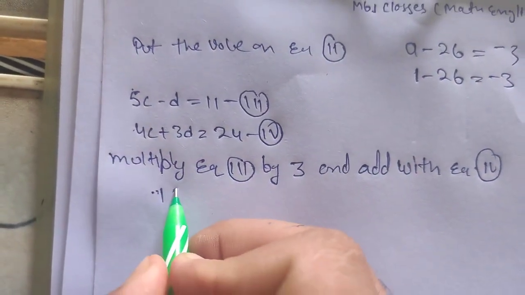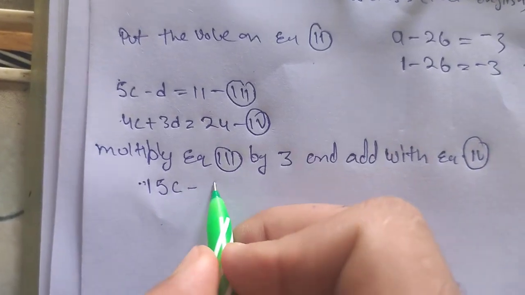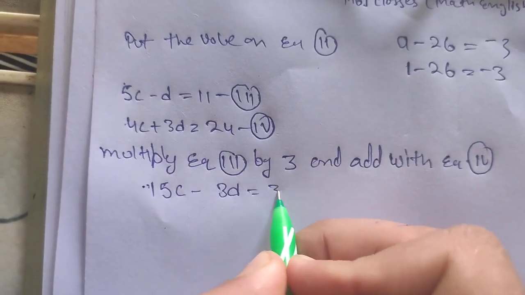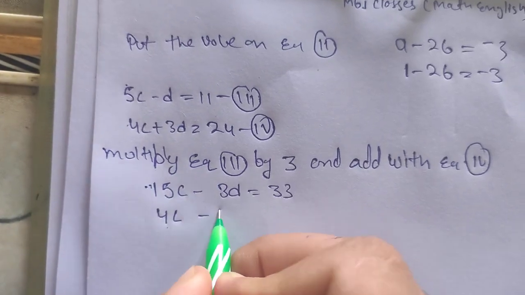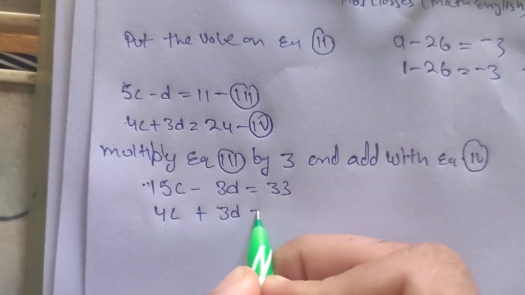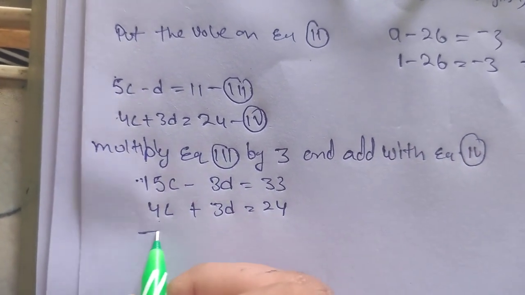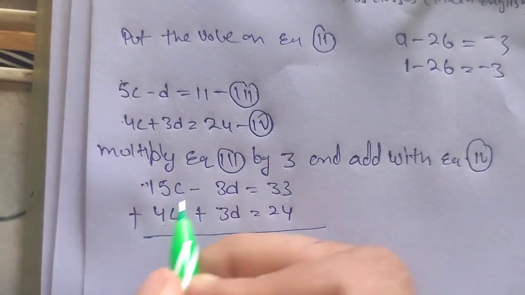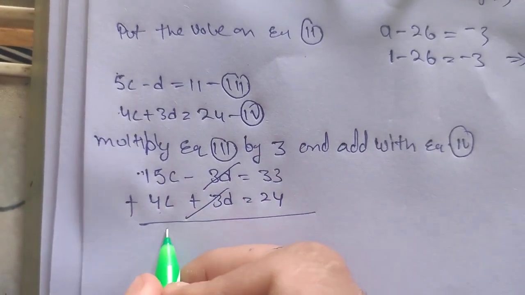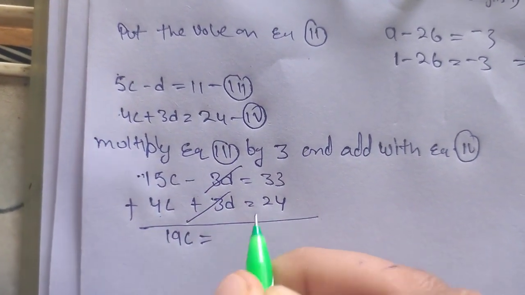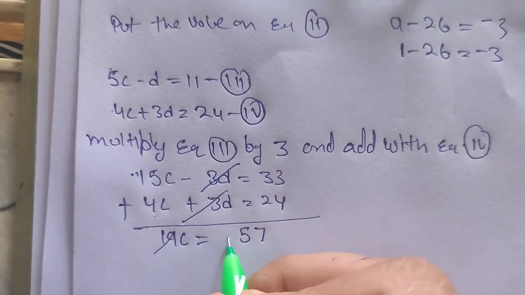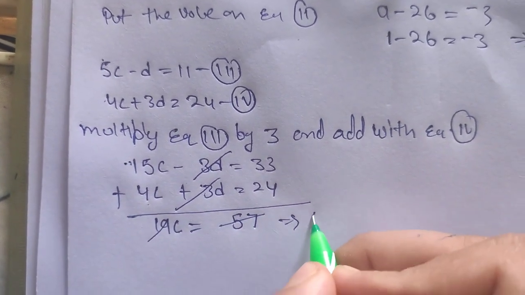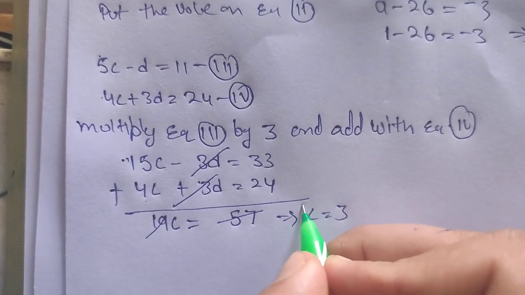So 15c minus 3d becomes 33, and 4c plus 3d becomes 24. Adding this, both are cancelled, this becomes 19c becomes 57, so c becomes 3.